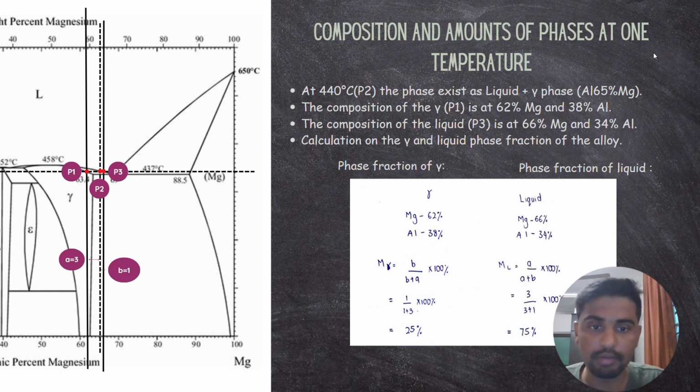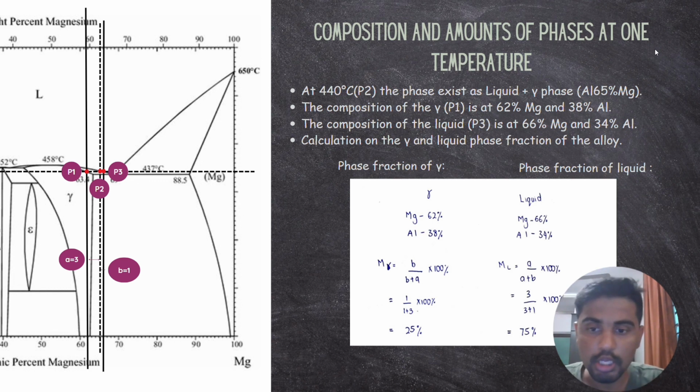Phase fraction of gamma: at gamma the magnesium is 62% and the aluminum is 38%. To find the fraction, we use a formula where we measure the distance from the line P2 to P1 as A and from P2 to P3 as B. The formula for gamma is B over B plus A times 100%.